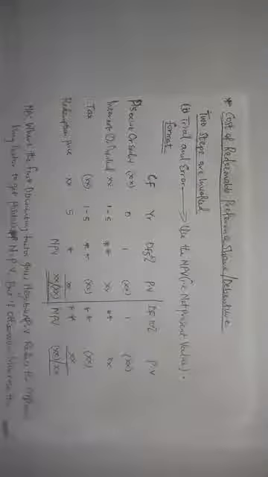Now, under this method, you will follow two steps. The first step is trial and error. Trial and error means you have to determine two percentages. One must give you a positive NPV and the other must give you a negative NPV.